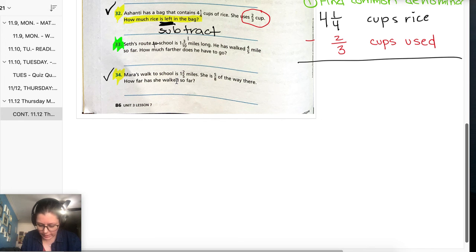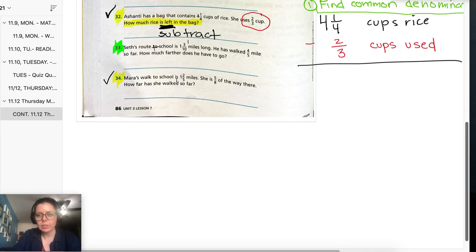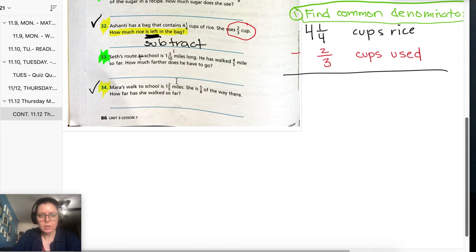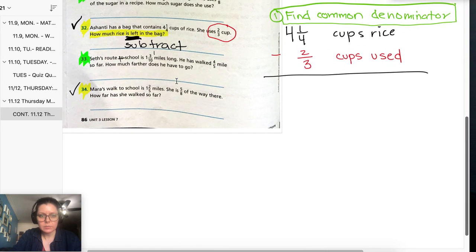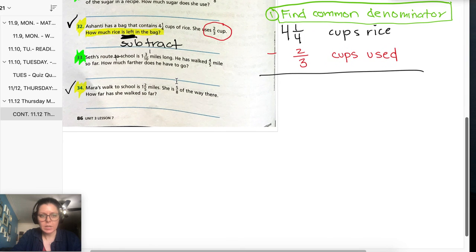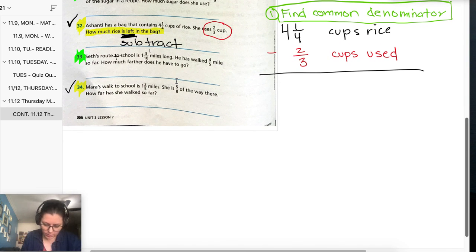And I'm going to do that by figuring out what number my denominators 4 and 3 both have in common. So we've got 4 here, we've got 3 here. Well, what do they have in common? I need to find one number that they have in common.